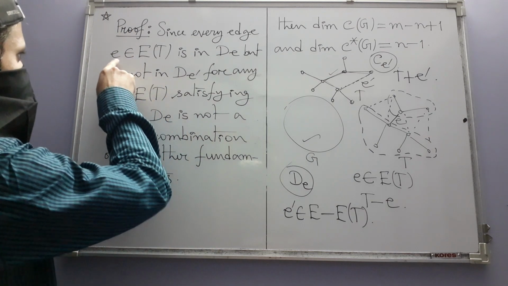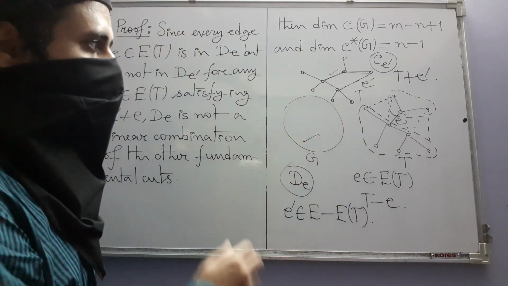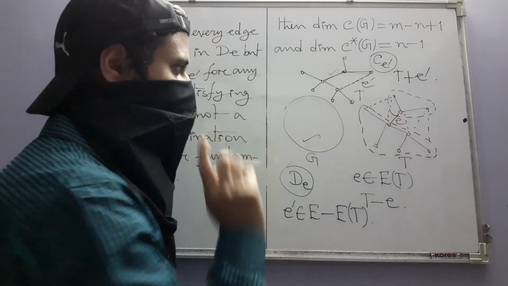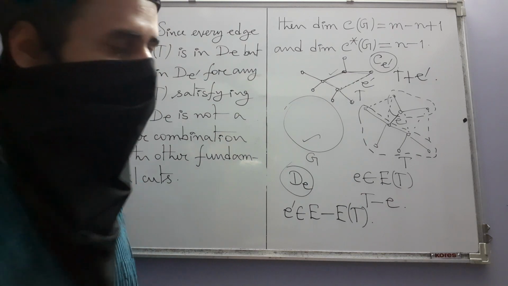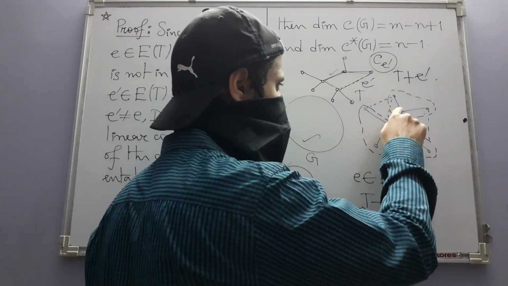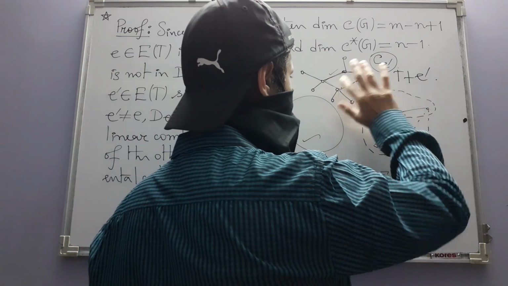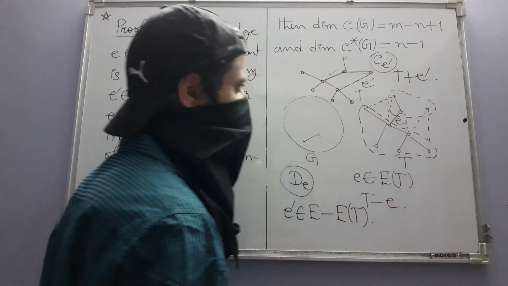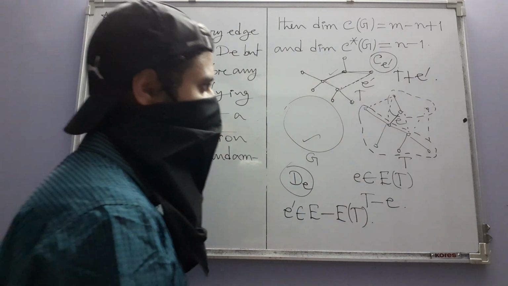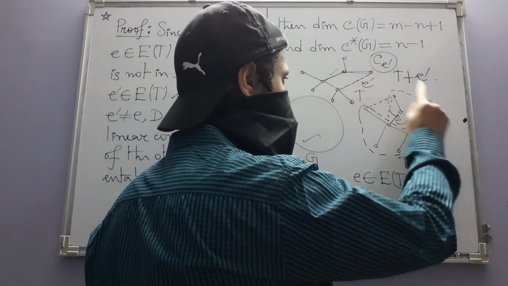Now, why does E not belong to DE prime? So, from this figure itself, you can see what would happen if in place of E you delete another edge. No matter what edge it is other than E, say you delete this edge, then also you get two components in the resulting graph. One of them consists of all these vertices and the other component is this single vertex.